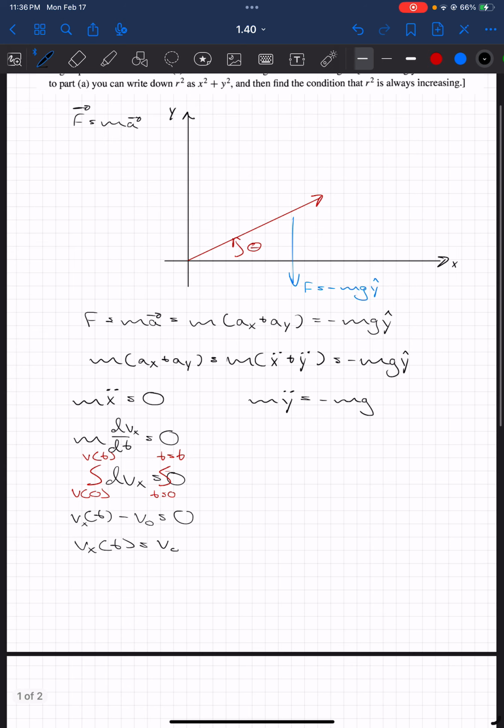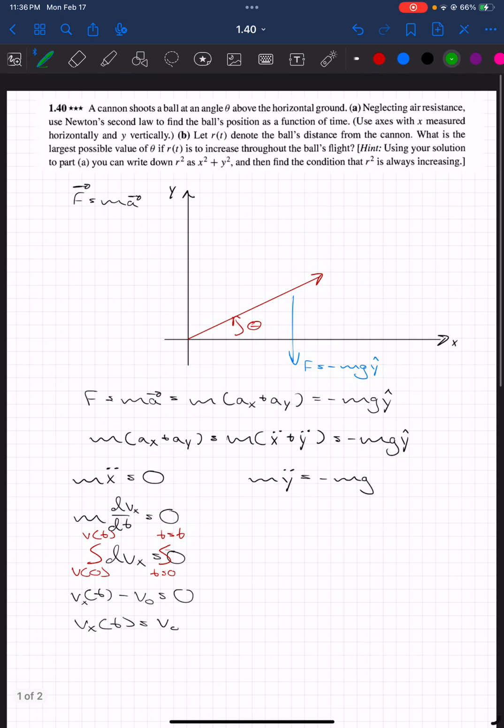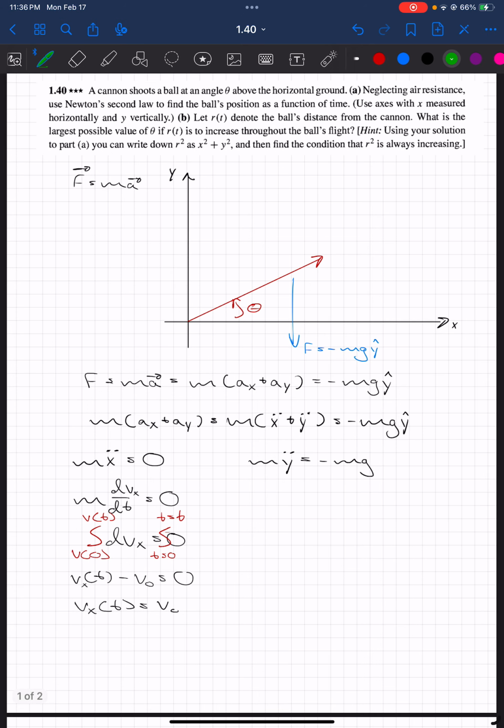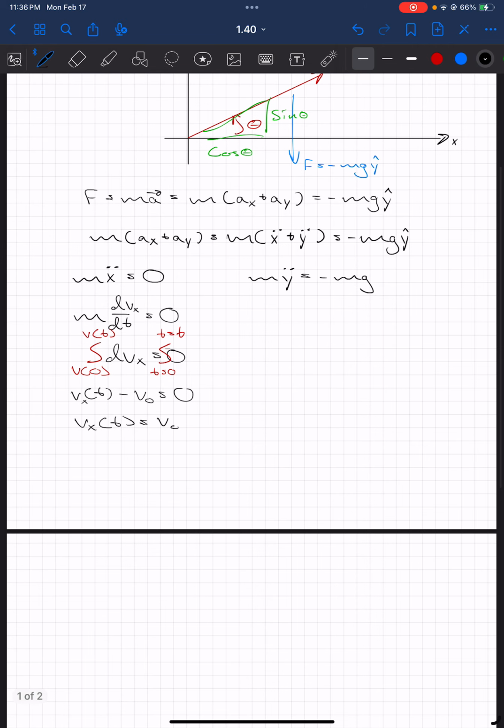But we have to remember that our ball is being shot at an angle theta relative to the horizontal ground, which when you draw a triangle, it's simply that cosine theta needs to be added to our v naught to make it relative to x. So we multiply v naught by cosine theta, and that's our velocity function in the x-axis direction.